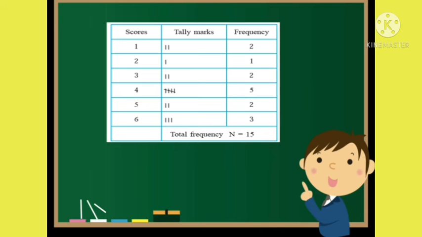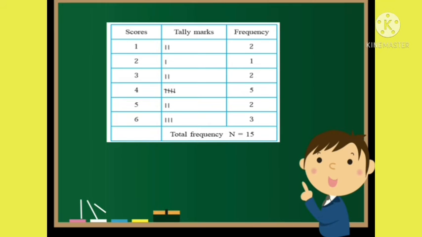Then, suppose we are taking one number. If it appears 2 times in the information, then we have to mark twice in the tally mark column, that is 2 Roman I. Then we have to write 2 in the frequency column, that is the number 1 has appeared twice in the information given.